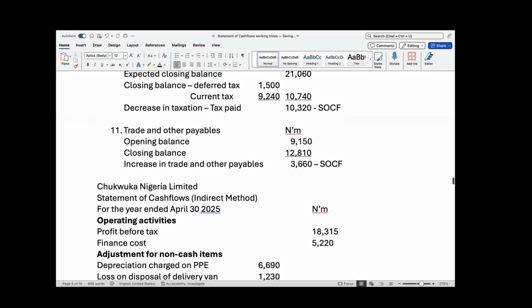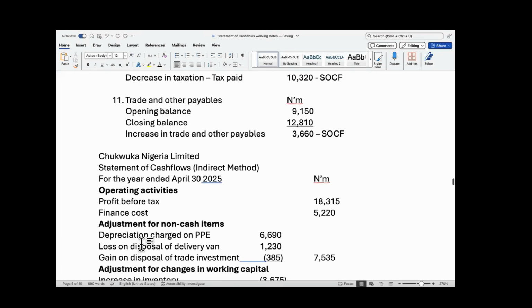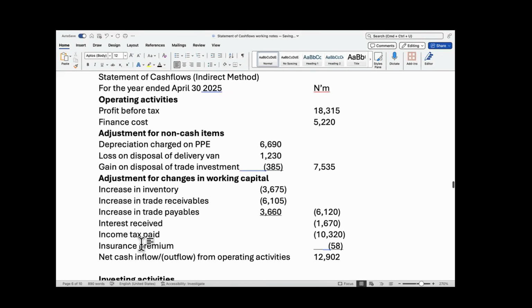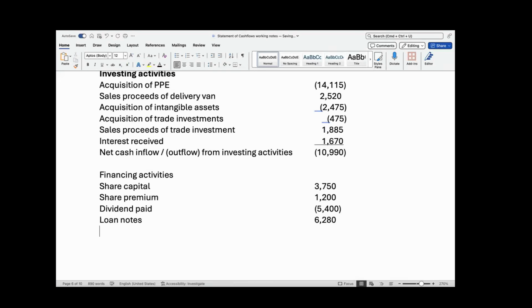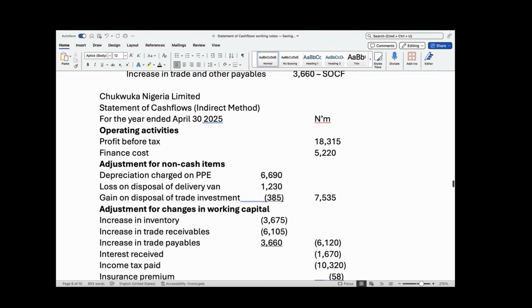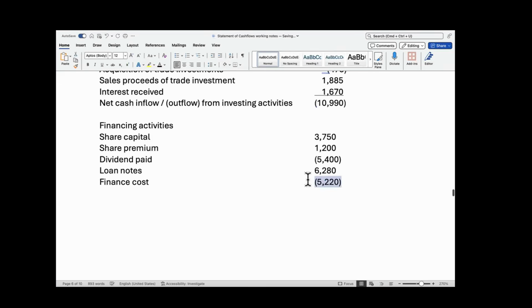And I can't see any other one here. Is there any one that we have not in financing? Let me see if any of you can remember. The finance cost. Thank you, Semiat. Finance costs, outflow of 5220. So can we cumulate this together?